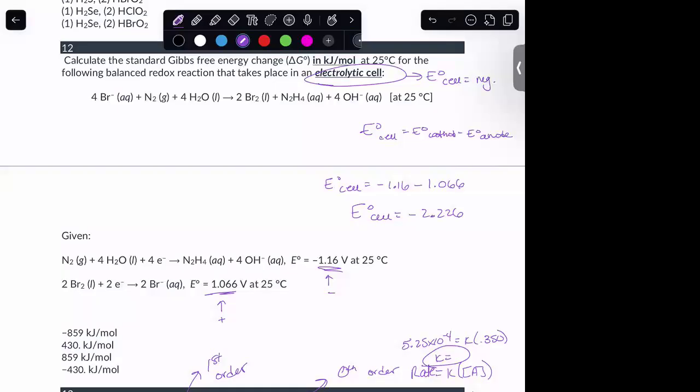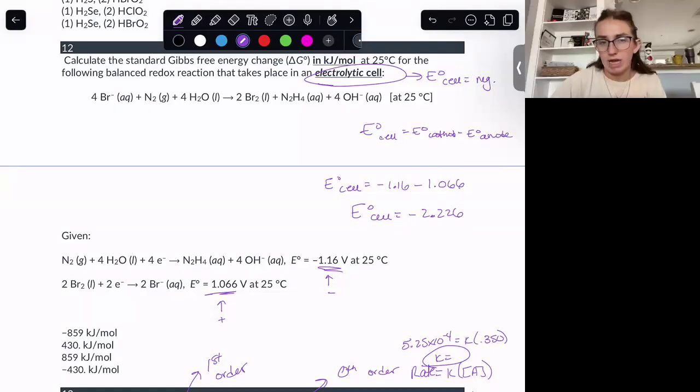Okay, would we want to, go ahead. Sorry, would you have to multiply it by 2 to cancel out the electrons for that other equation? If you needed to balance it, then yes. However, if we're just solving for delta G, you just need to say, okay, what's my E naught cell first, and then you need to figure out how many electrons when you actually use the delta G equation.